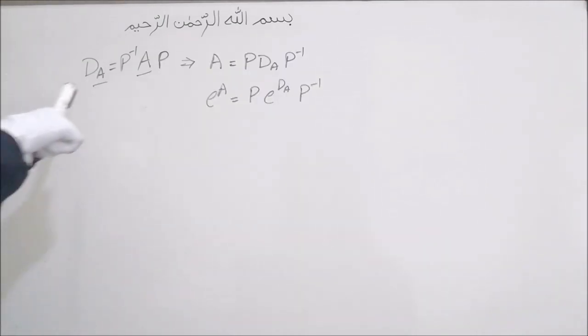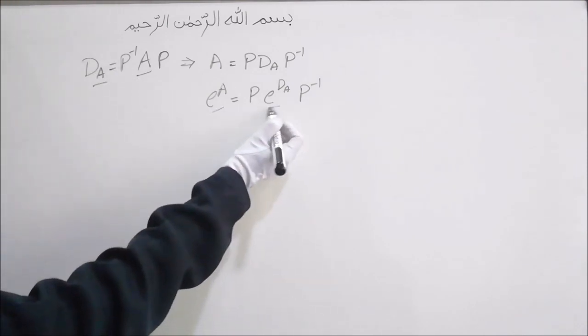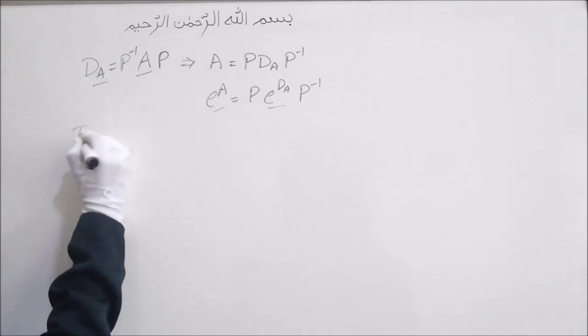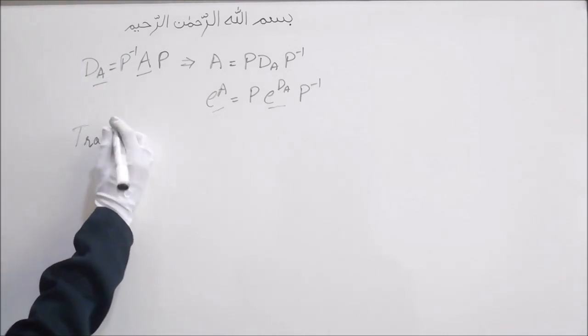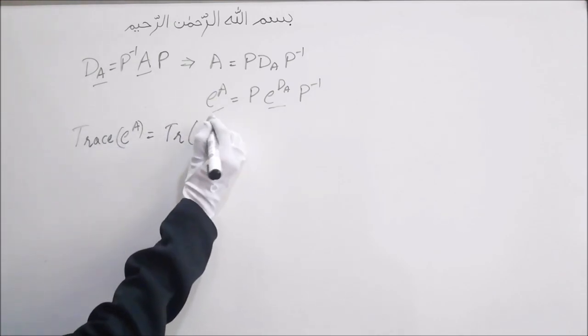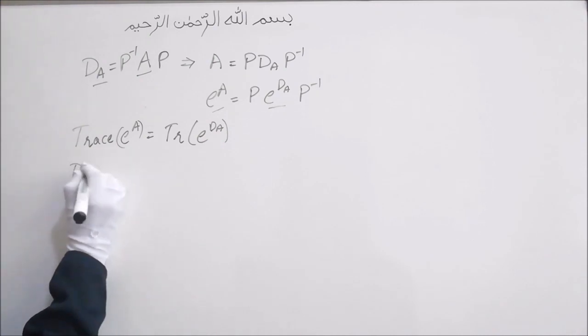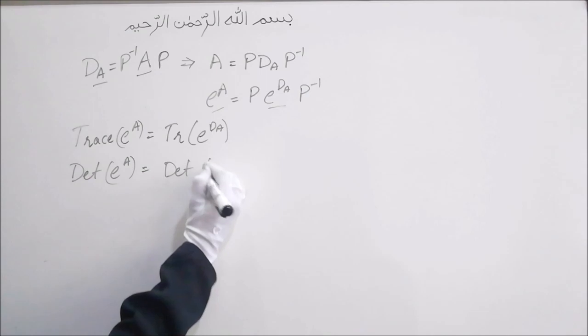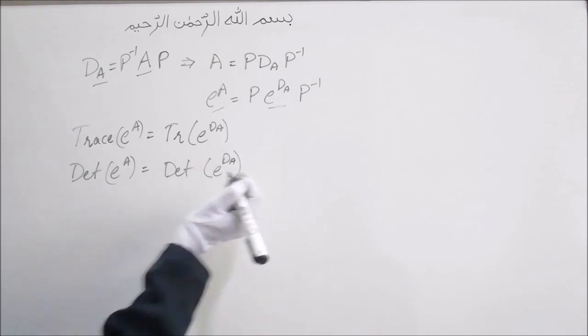Now as I said that these two matrices are similar, similarly these two matrices are also similar matrices. For similar matrices we saw that their trace, their determinant, their eigenvalues and their rank are the same. Therefore we can write here that trace of e raised to A will be equal to the trace of e raised to dA, and the determinant of e raised to A will be equal to the determinant of e raised to dA.